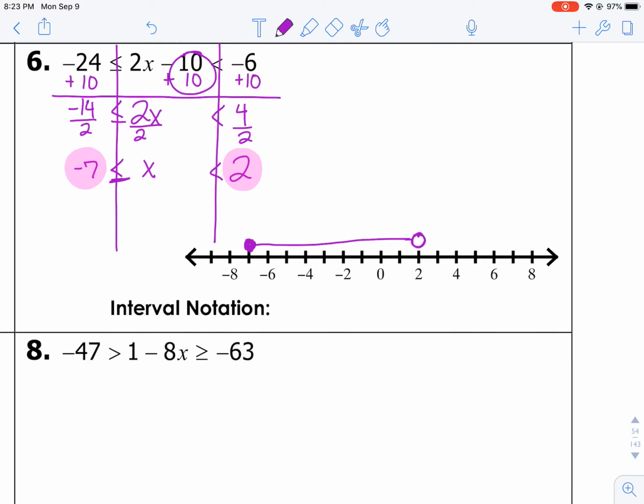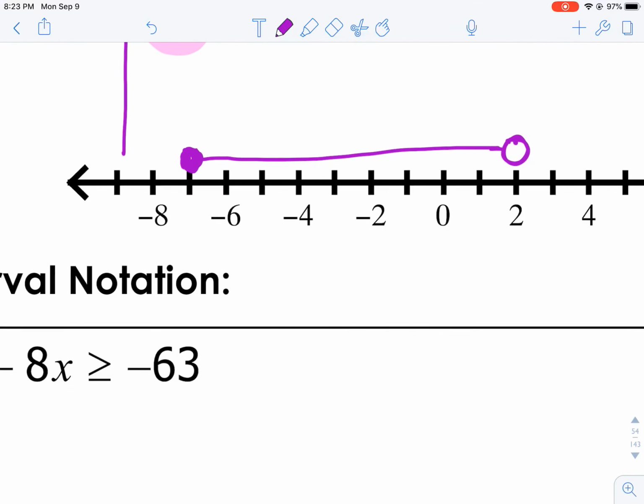When I don't have the word or, my dots are being connected. This makes our interval notation a lot easier. That line is starting with negative 7. It's a closed dot, so it's going to get a bracket. My line is ending at 2. It's an open dot, so it's going to get a parentheses.